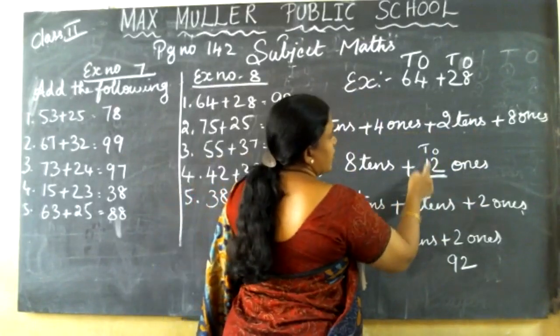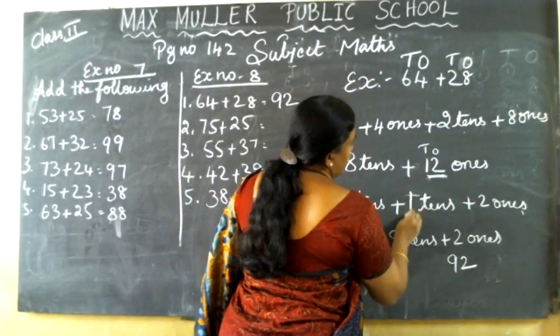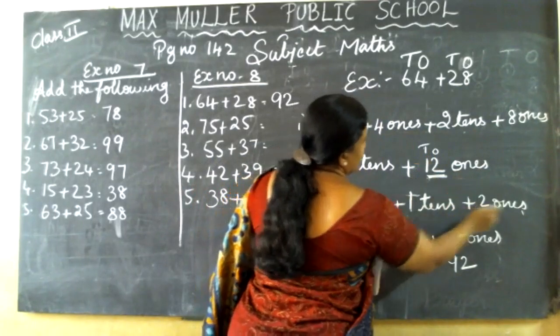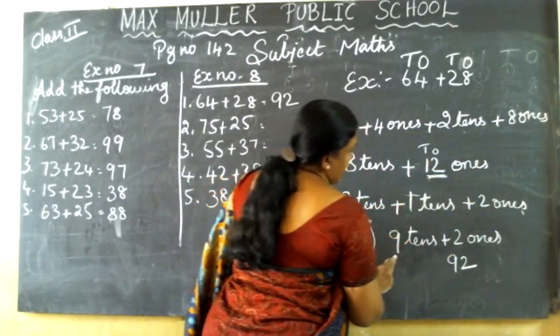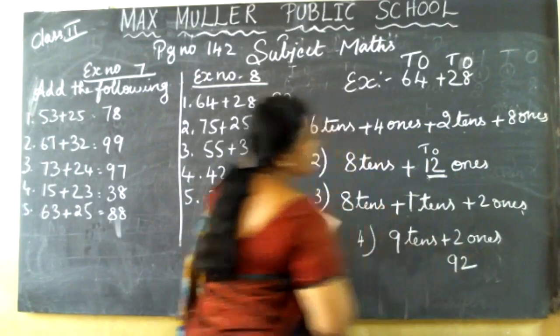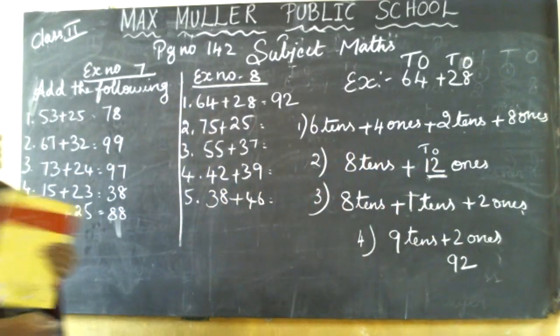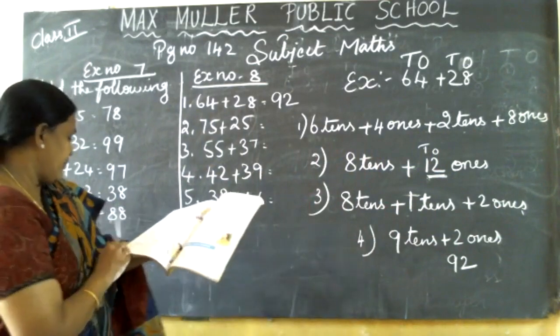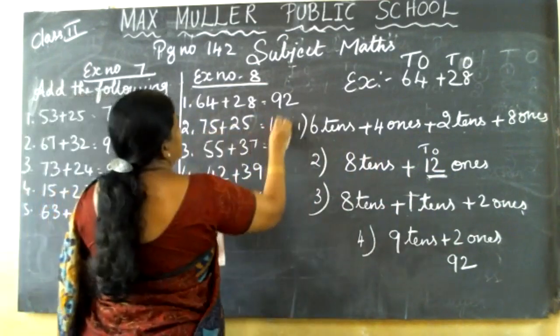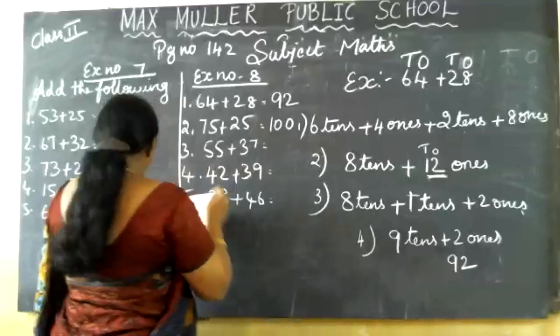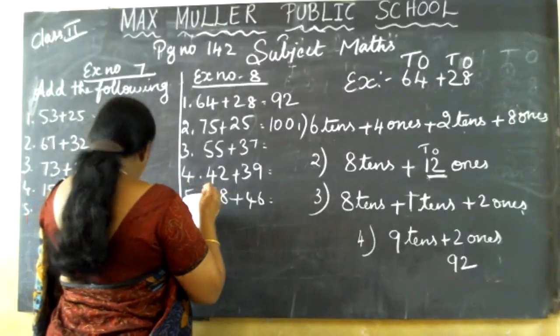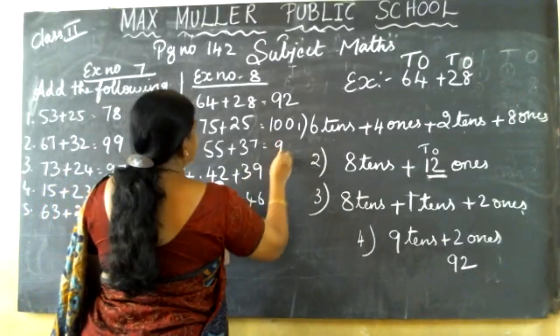In 12 ones, you take 1 ten, we take here, plus 2 ones. 8 plus 1, 9. Plus 2, 92. Understood, children? Like that only you want to do. 75 plus 25, 100. 55 plus 35, 90.